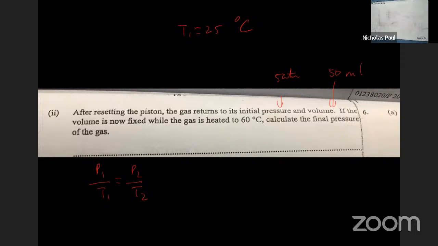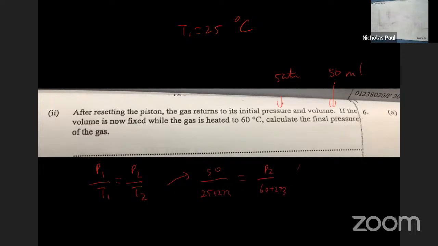Yeah, that's 50. That's my last one. Yeah, it's 50. And the temperature is what? 25 plus 273. Your final pressure is what you're trying to find. Your final temperature is 60 plus 273.